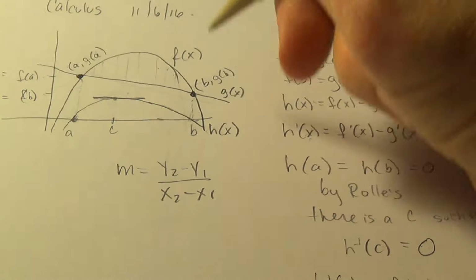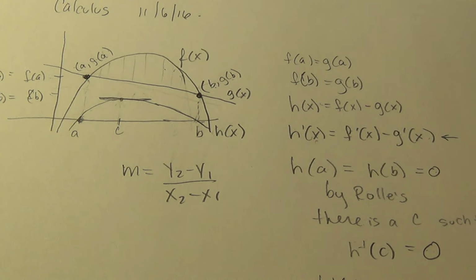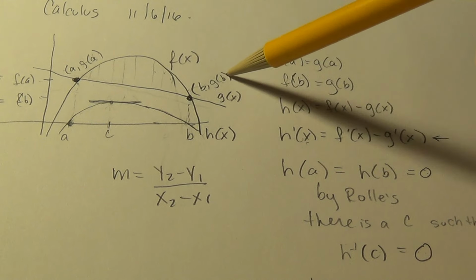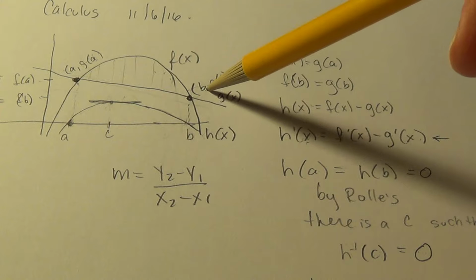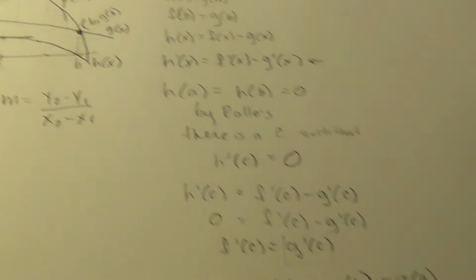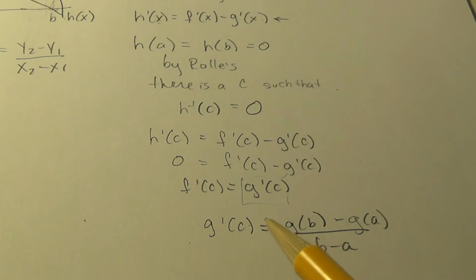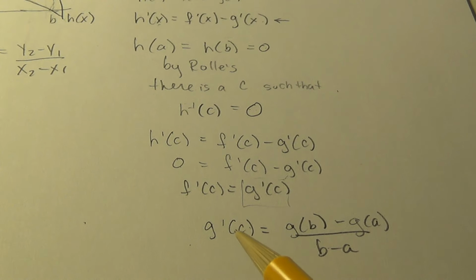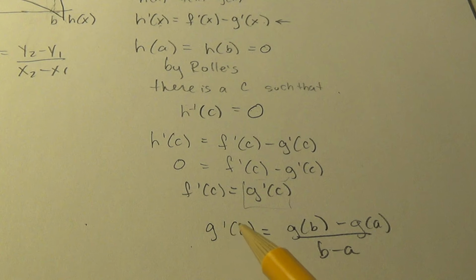A, G of A, B, G of B. So I've got y2 minus y1 over x2 minus x1. And that is the slope. Derivative at this point, C, it's the slope of that graph. And the slope is everywhere the same.